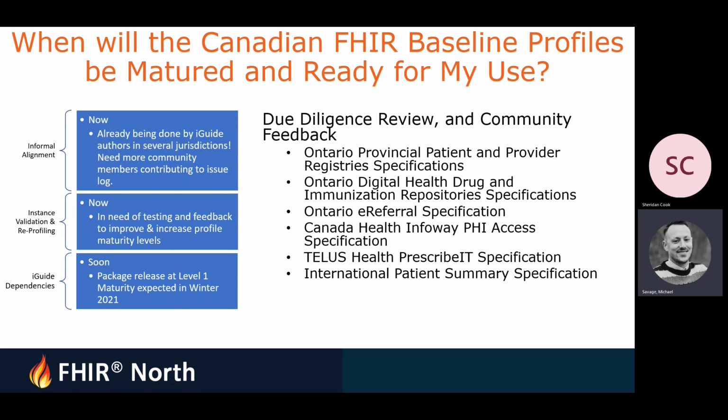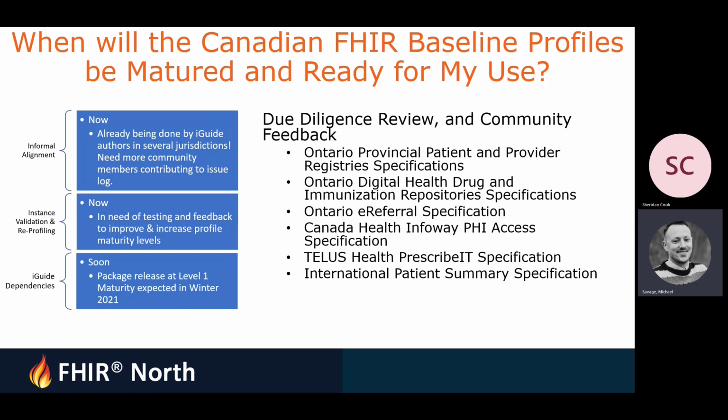This is a process where we spend our meeting times lining up the Canadian baseline profiles with their relevant profiles as they're defined in these other implementation guides, looking at the constraints placed in the baseline and comparing them against the constraints provided in those implementation guides. We look at where there are constraints in the I guides that we might want to inherit into the baseline profiles.